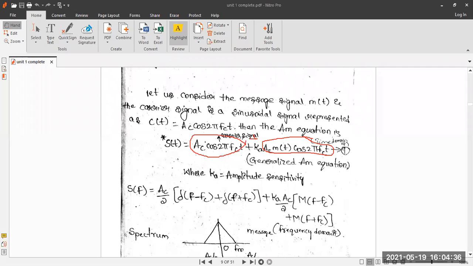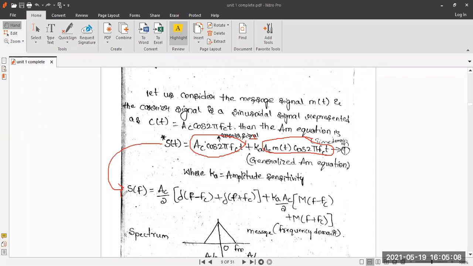We also wrote this generalized equation in Fourier transform. The Fourier transform of the AM signal generalized equation is Ac by 2. We directly wrote it without using the Fourier transform formula, writing the AM equation from the time domain directly in the frequency domain.